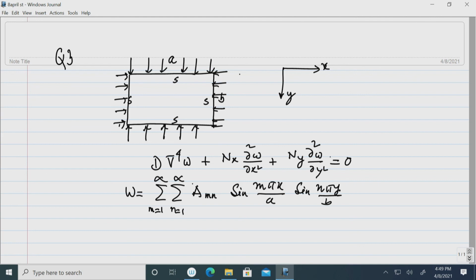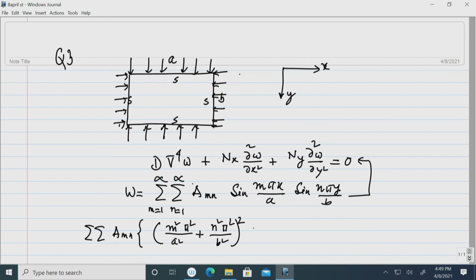Now, substituting this in this equation, and after substitution we get this value, that is again a double summation of A_mn.